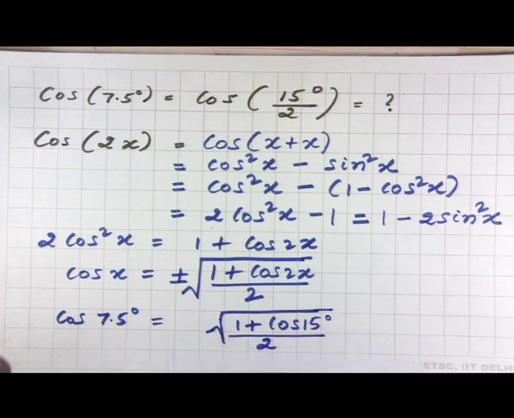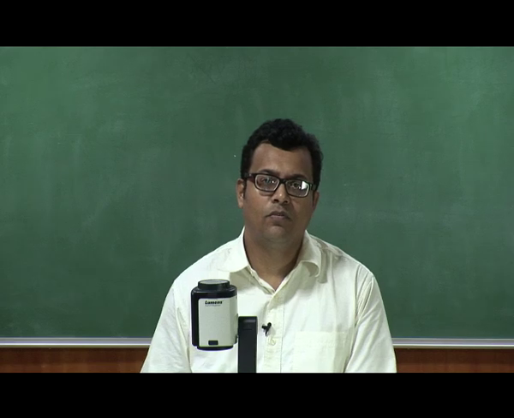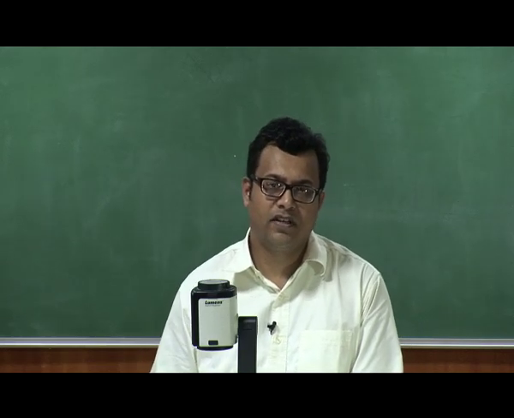So, this is the value of cos of 7.5 degrees. It's very simple. On the right hand side, we just need to take the value of cos 15 degrees that we had calculated in the previous slide and substitute it here, and then compute the square root of this expression.